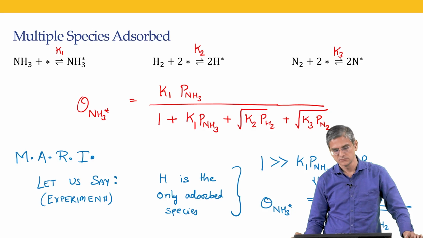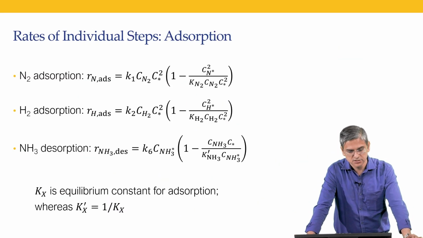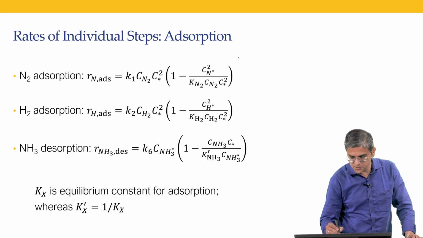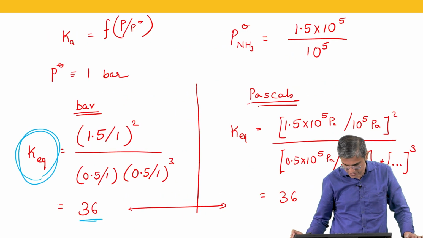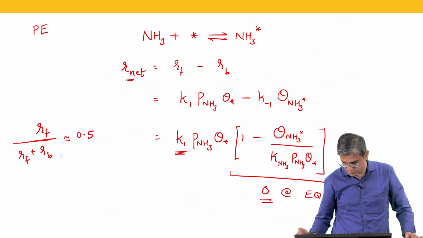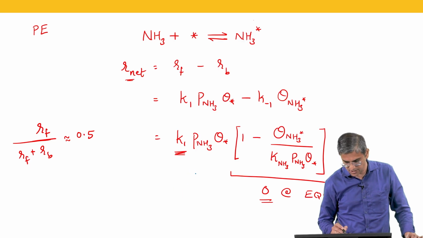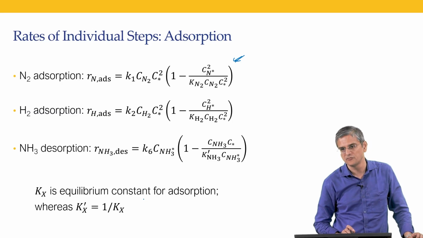Okay. So, just to recap what we have said so far, for N2 adsorption, the rate of adsorption can be written in this form, K forward minus K backward. This I have just rewritten again in the summary slide over here, but in concentration terms instead of partial pressure terms.